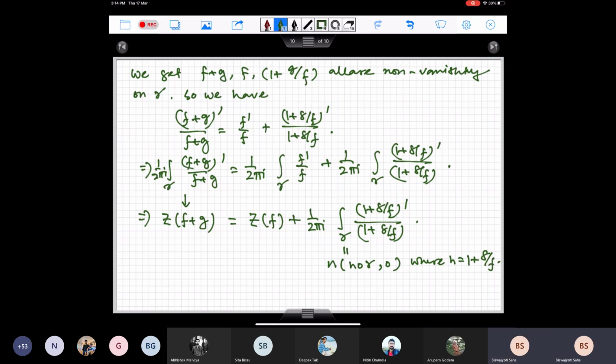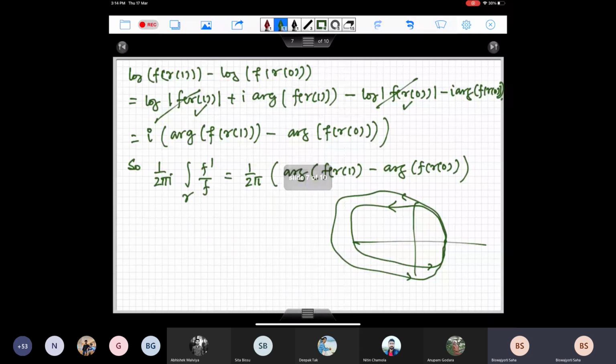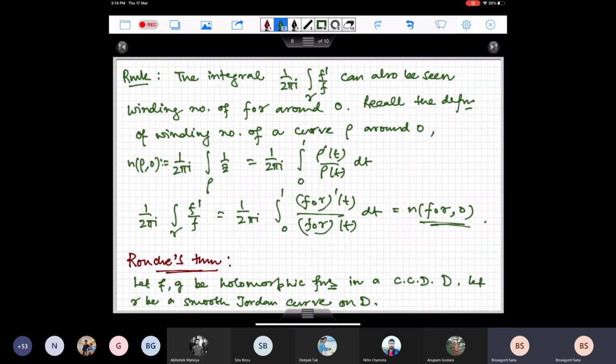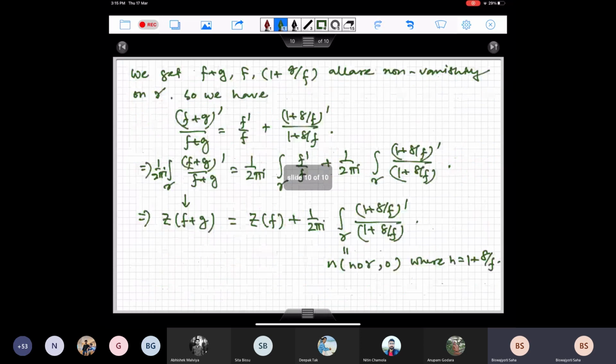This is precisely what I have written in the remark, which Abhishek was mentioning, that this integral 1 upon 2 pi i f prime over f over gamma is nothing but the winding number of f composed gamma around 0. So this integral becomes the winding number of h composed gamma around 0, where h is 1 plus g by f. Fine?